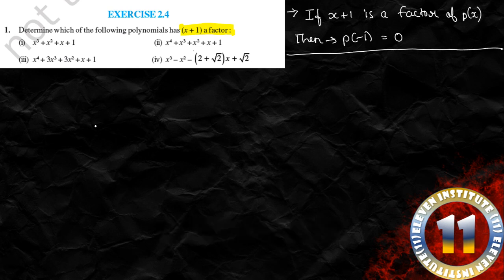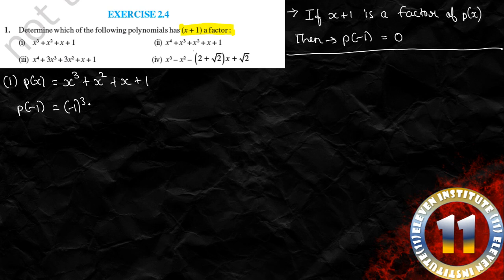Fine. Now let us try this with one of the questions. So let us try with the first one. What is the polynomial that is given to us? X cube plus x square plus x plus 1, right? Now instead of x, what will we write? We will write minus 1 over here.